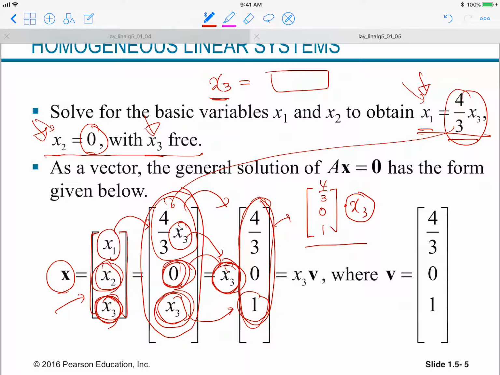So let's look at our solution vector x1, x2, x3 as some vector living in three-dimensional space. So we imagine the entire three-dimensional space, okay? In this three-dimensional space, our solution is represented in this form.